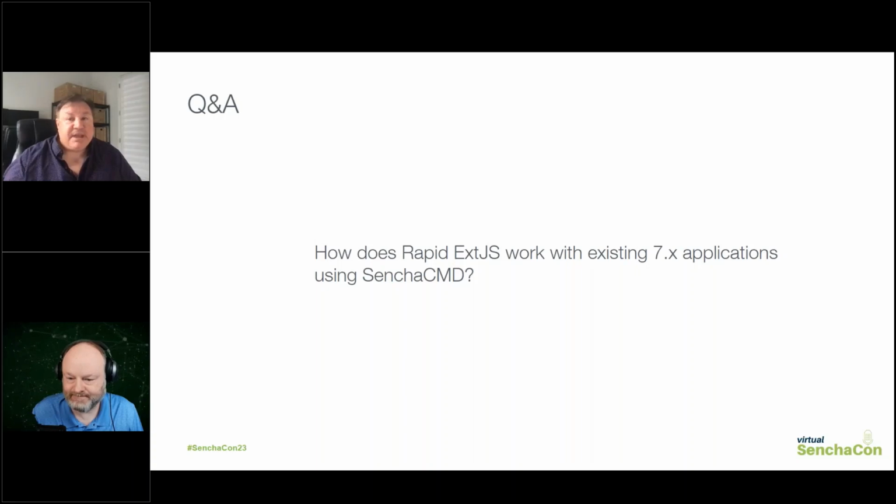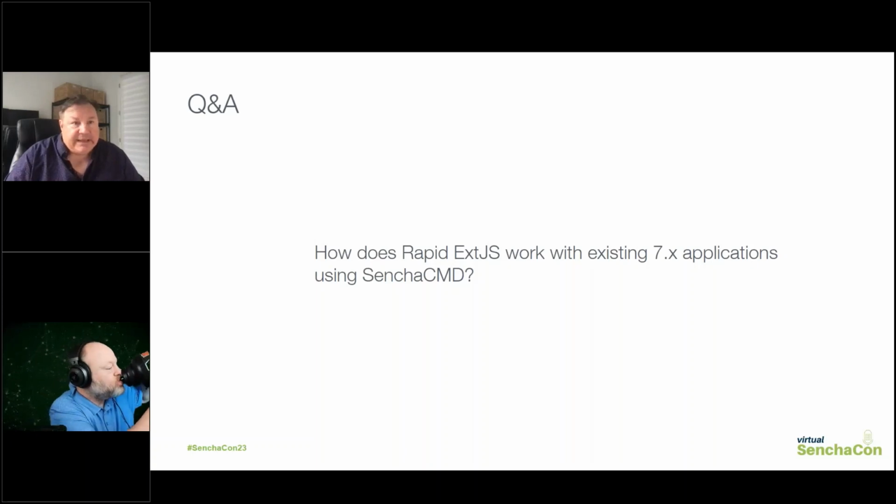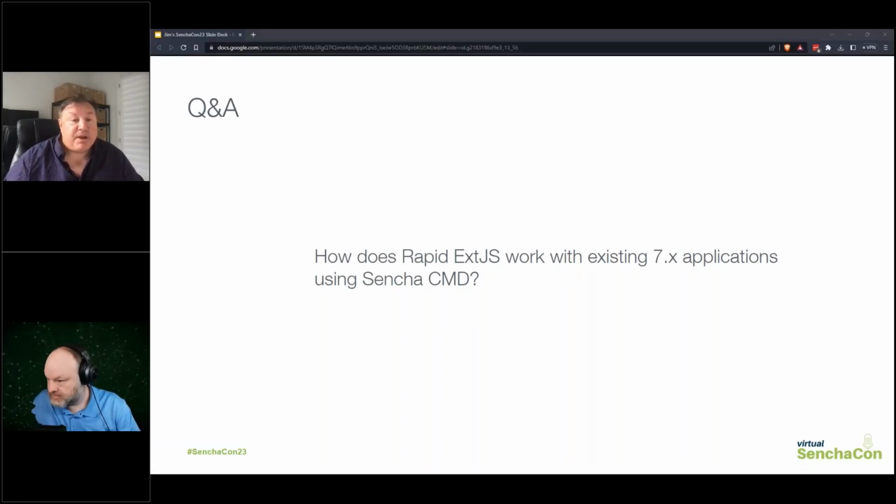Remember, Sencha command is underneath all of this. Sencha command, then XGen, and then Rapid EXTJS. So it completely understands the Sencha command application because it's based on Sencha command. So it will bring in an existing project. And since there's no metadata, as soon as you bring in that project, you click on a view and you have visual editing.